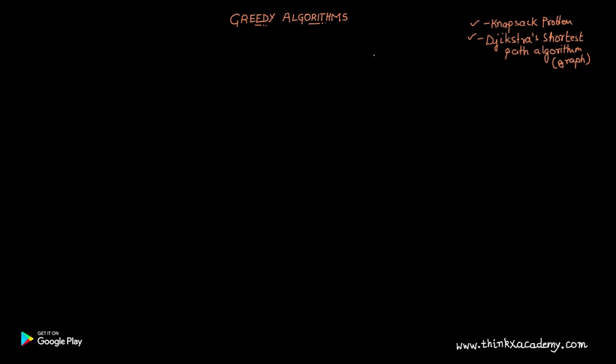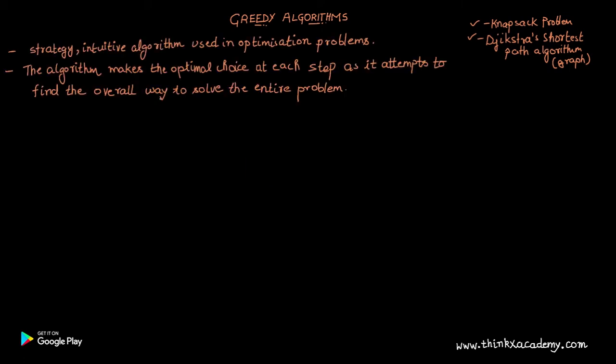So let me just first define what exactly a greedy algorithm is. A greedy algorithm is just a strategy. So I'm going to write the definition here. A greedy algorithm is a strategy and an intuitive algorithm that is used in optimization problems. Let's suppose you're given a problem and you want to solve it programmatically.